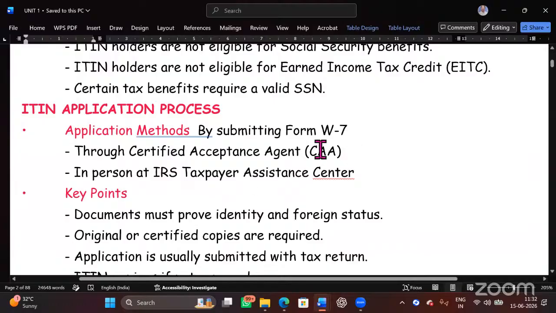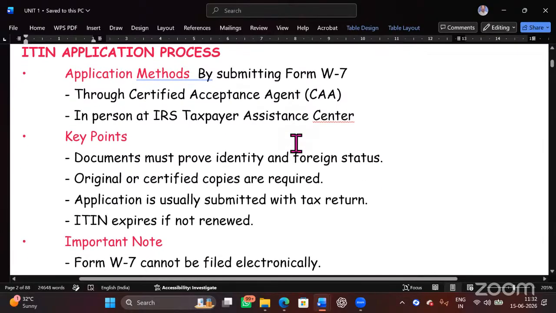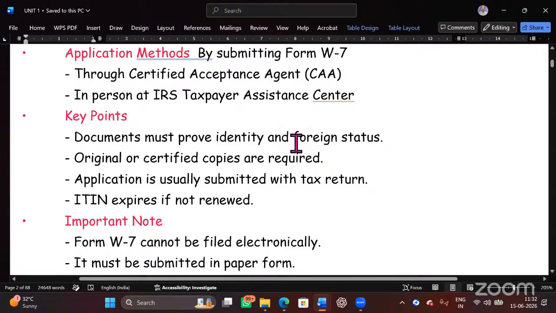Either CAA or TAC. Two channels are available for submitting Form W7 to get the ITIN number. It is a regularly asked question, the W7 form question. To get that ITIN, documents must be provided showing photo ID with address proof.